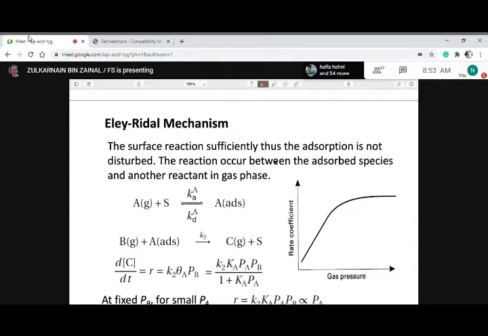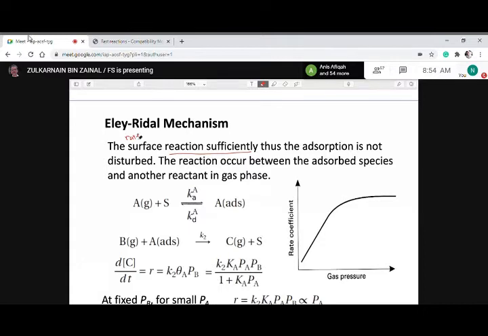The rate of the surface reaction is sufficiently low, thus the adsorption is not disturbed. So this is the same as we see from the previous one.